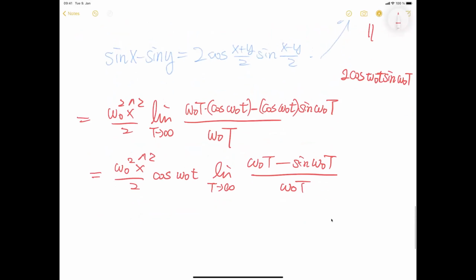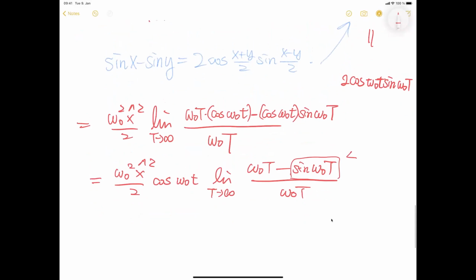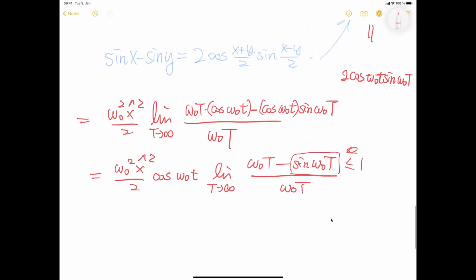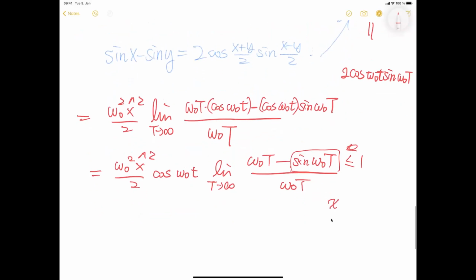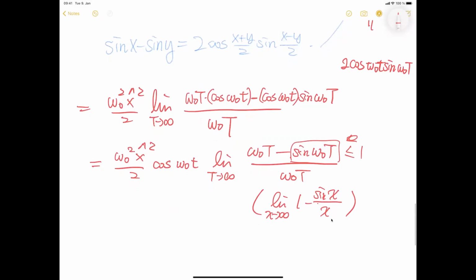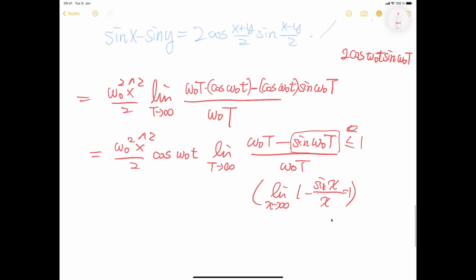Because t is infinity and sine omega t is always smaller or equal to 1. So actually it's something like this, 1 minus x, 1 minus sine x over x, right? And this is just equal to 1. So actually the limit of this thing is 1.